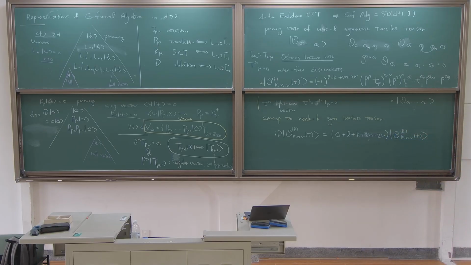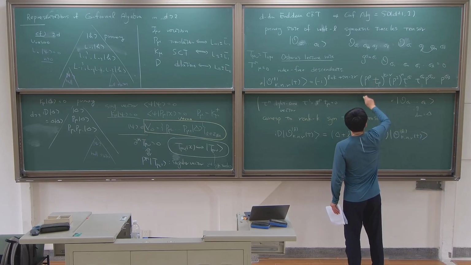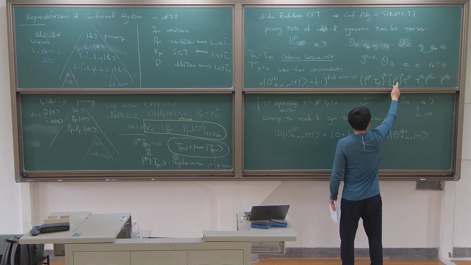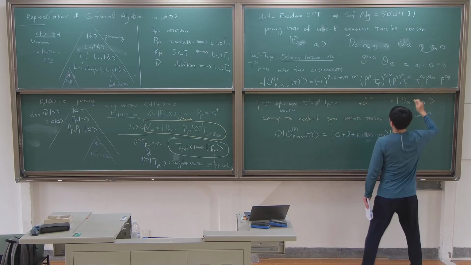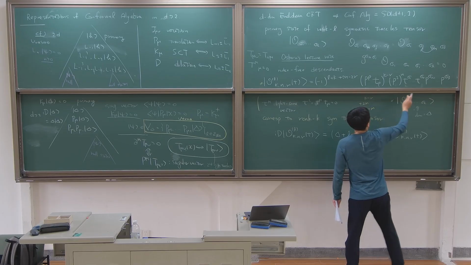So as you can easily see, this original primary field has a conformal dimension, and you just need to count how many P axons. So here you have K minus R P axons, and this is plus 2N P axons, and here you have L minus R P axons.